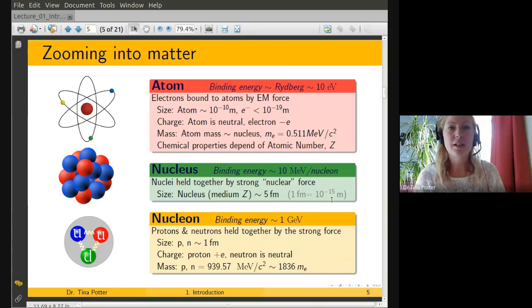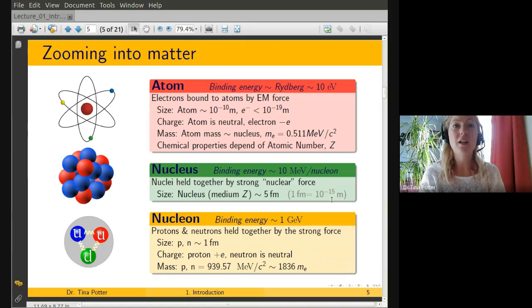And let's dive in a little bit deeper. Protons and neutrons are not fundamental particles. They are made up of quarks that are bound together by gluons. And that's the carrier of the strong force. Now, these are bound together with much, much higher energy in turn than the nuclei and the atoms, about 1 GeV.